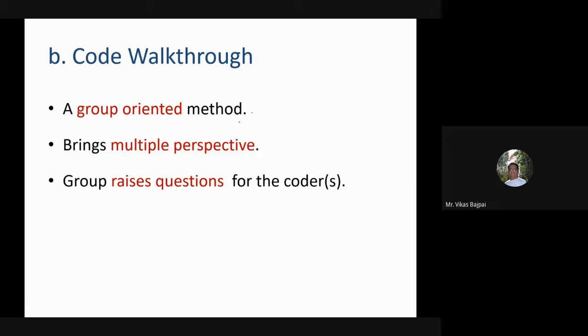So this is basically a group oriented approach. Previously we had a single person, but this time it is a group oriented approach, and this brings multiple perspectives. Multiple perspectives means that since it's a group oriented approach, we get multiple inputs from several people, and here the group raises the questions for the coder.